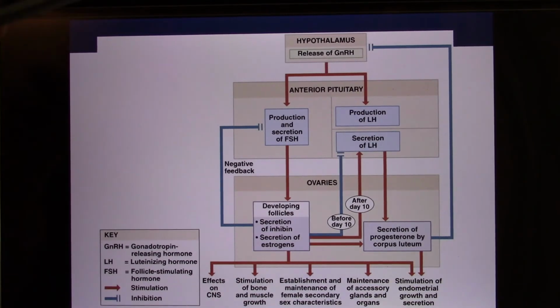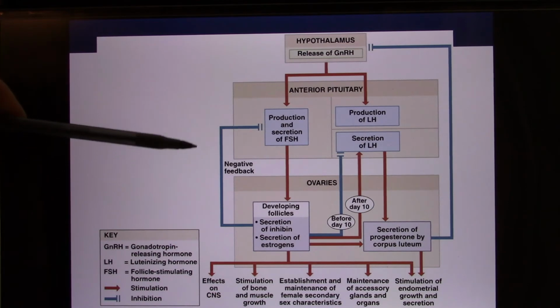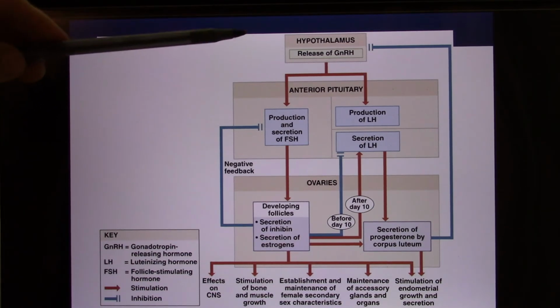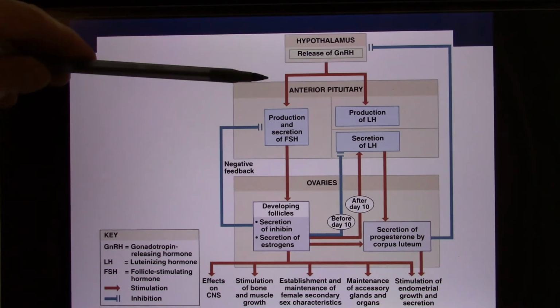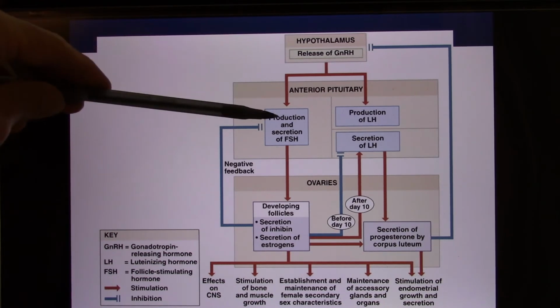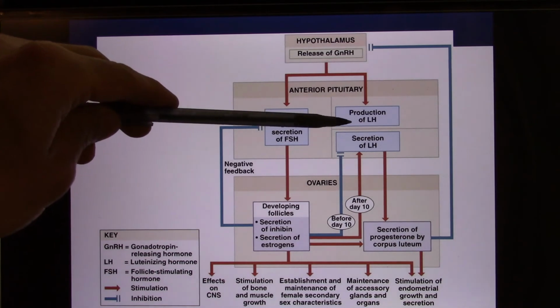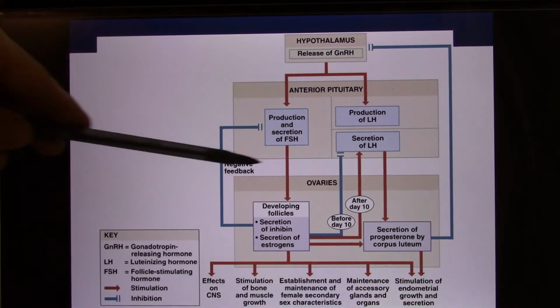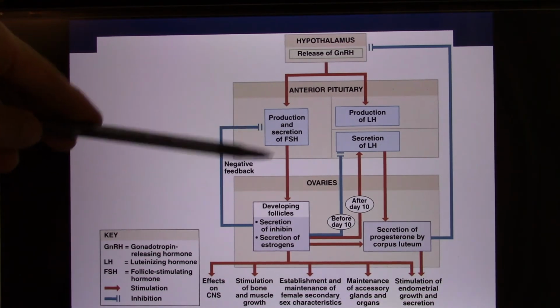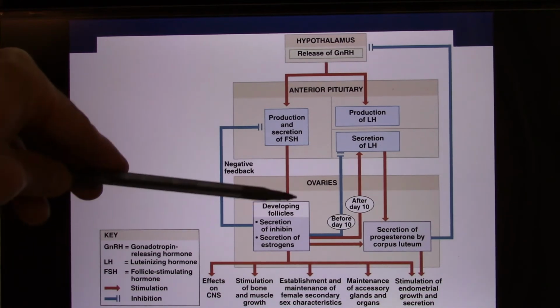And in females, the whole process is also regulated by the endocrine system. Still from the hypothalamus, GnRH is released to the anterior pituitary gland. They have the follicle stimulating hormone and luteinizing hormone. The follicle stimulating hormone, as the name tells you, its function is to develop follicles.